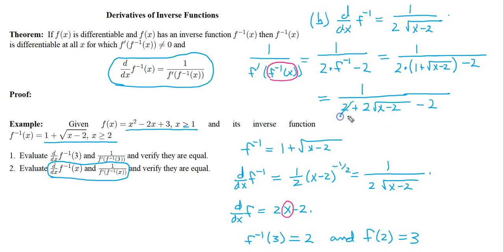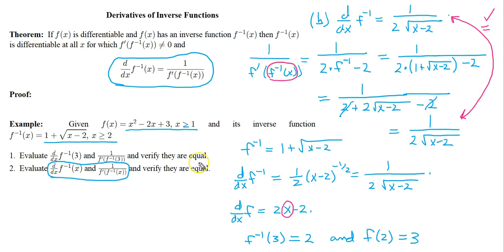And now we see these 2's cancel, and we do get this up here. So we do indeed get, and we see that these 2 here are equal to each other. And that's what we wanted to verify. You see, so we have the left-hand side, this piece is right here. And then we evaluated the right-hand side, and we found that they are indeed equal to each other.